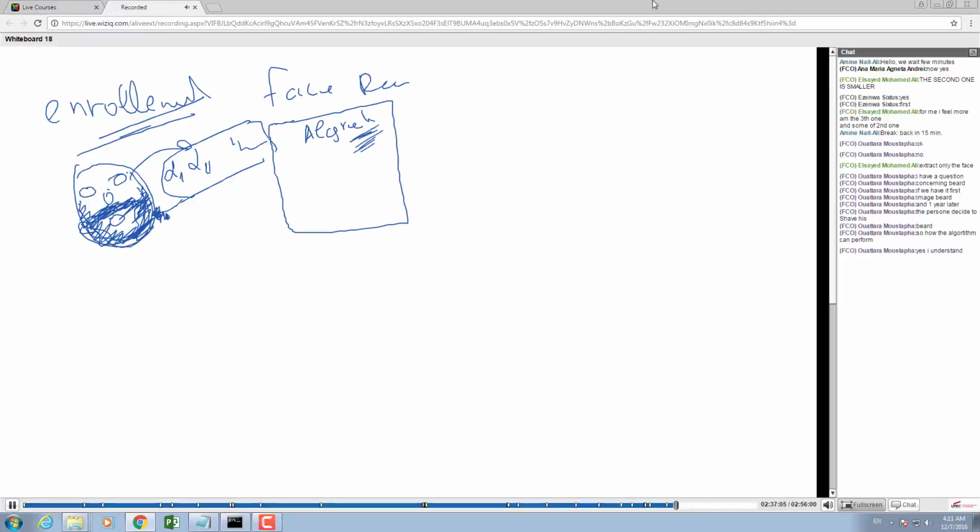Okay? Now, if the system is using an algorithm which detects the shape of the face, here maybe you will not be recognized. Okay, your system will work differently. In such a case, you have to enroll yourself once again.